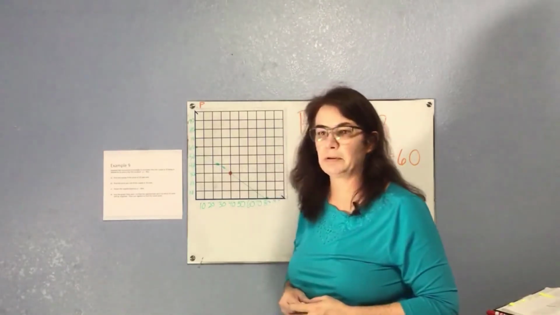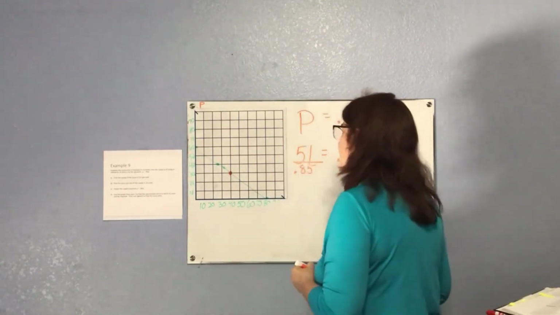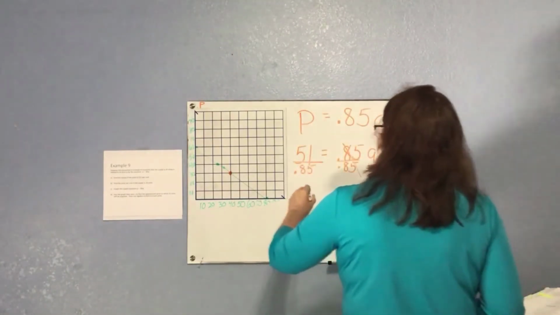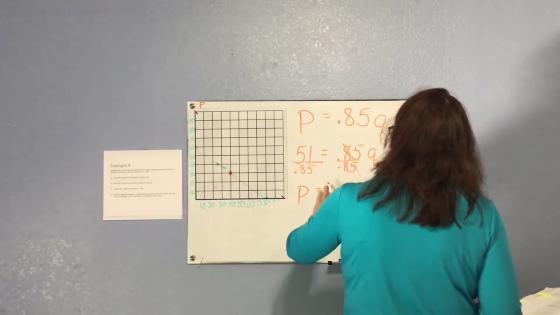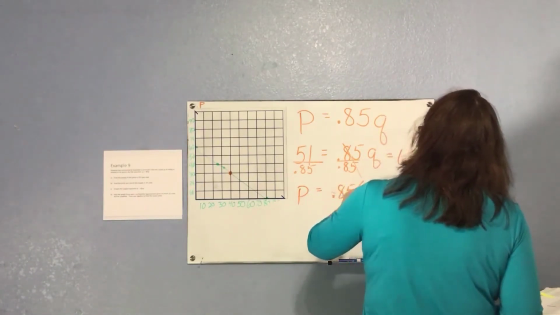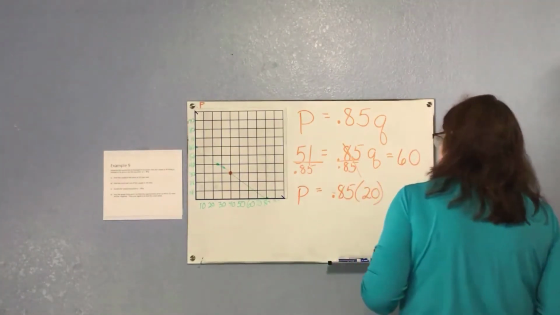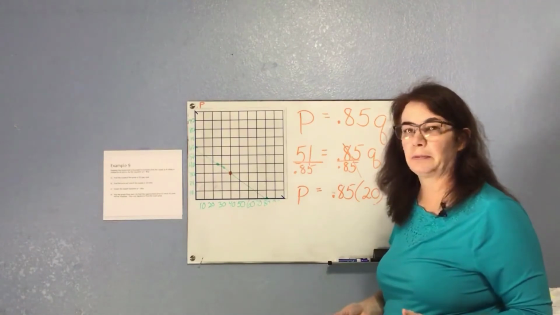Now, if the supply was only 20 units, what would the price be? Now we're going to look at P is equal to 0.85. This time we only have 20 units available. Okay, when there's not so many units available, what would we expect for the price?